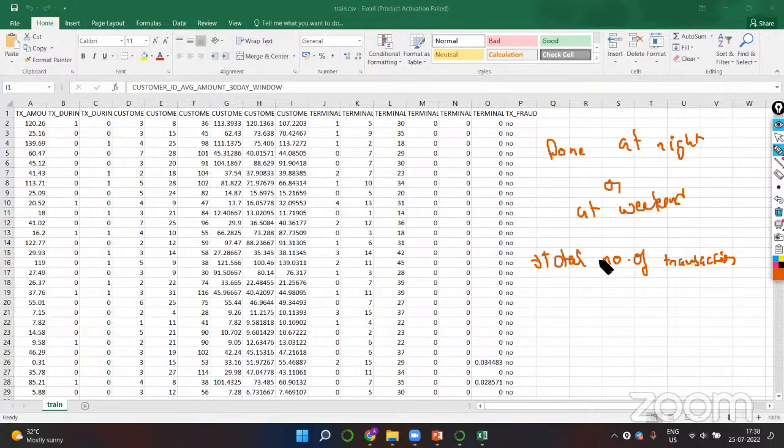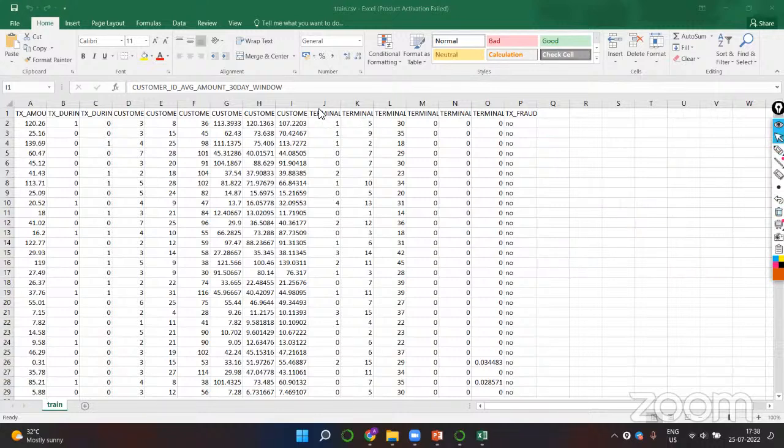All right. So then we have the terminal ID. How many terminals are they accessing in a 1-day window? How many terminals, different branches, different banks are they accessing in a 7-day window? And again, how many terminals are they accessing in a 30-day window?